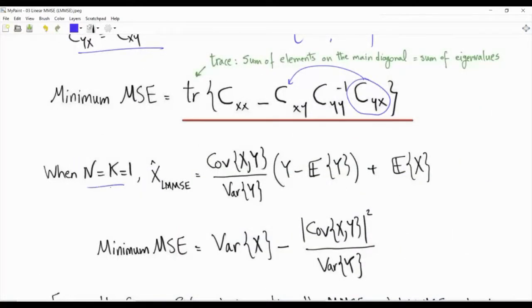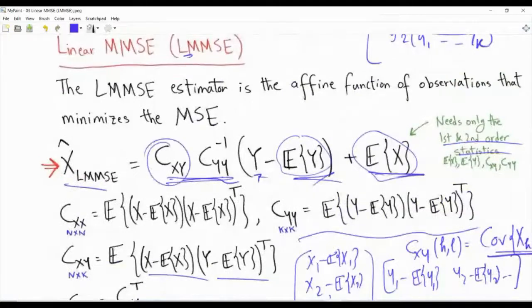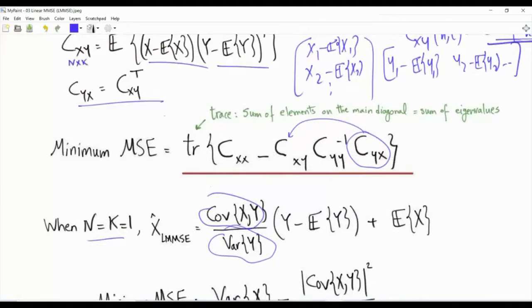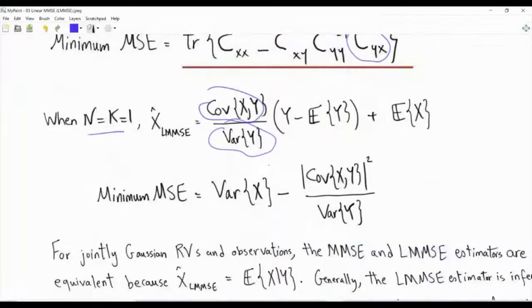In the case in which you have just one random variable in vector X and one in vector Y, then this Cxy becomes the covariance of X and Y, and Cyy inverse becomes 1 over the variance of Y. So this is a simple formula if you just have X and Y. And the minimum MSE, this trace formula, which may look scary, in the case in which big N is equal to big K is equal to 1, is the variance of X minus the covariance of X and Y squared over the variance of Y. And again, you can use these directly if needed.